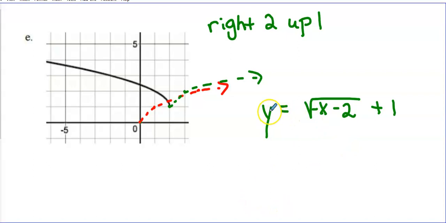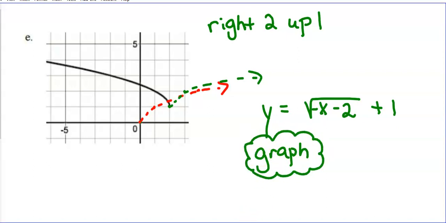Now, I would like for you to go over to Desmos and graph this to check to see if we did it right. And I want you to let me know if we did it right. I'm not going to go over and graph it, but I want you to go over and graph it and see if this is what it looks like. So graph this equation right here, see if it looks like this.